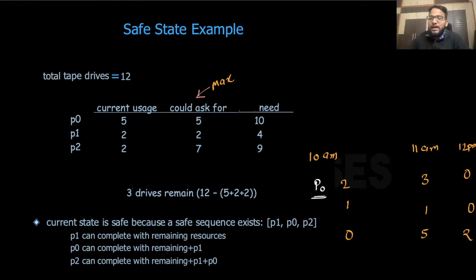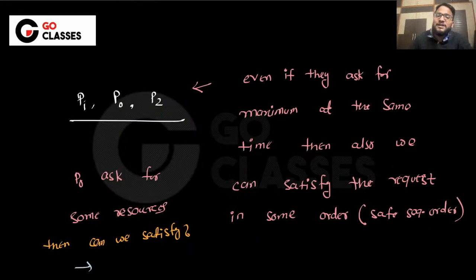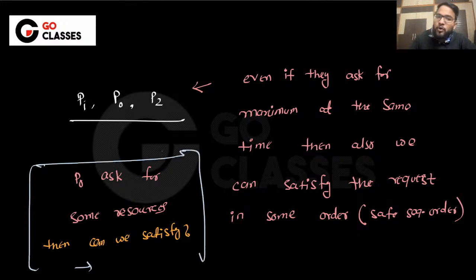So it depends. The safe sequence doesn't mean that I will always satisfy in that order. It only means that this is the order that is possible even if they ask for the maximum. If some process asks for resources which are not in the order of the safe sequence, then can I satisfy? May or may not be.